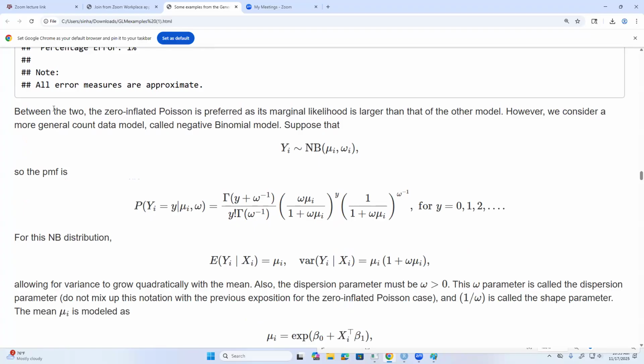And negative binomial model is another count data model where the response variable can take values like 0, 1, 2, 3, 4, like that. Where do you fit that type of model? If you have count data such as if you want to model the number of ships arriving to a port during a day, okay?